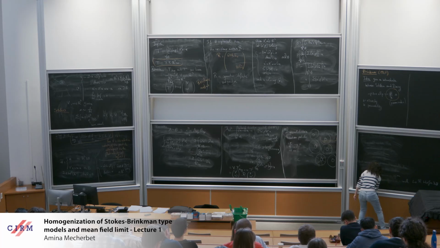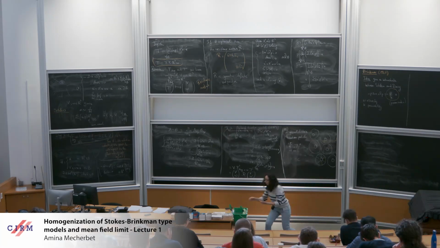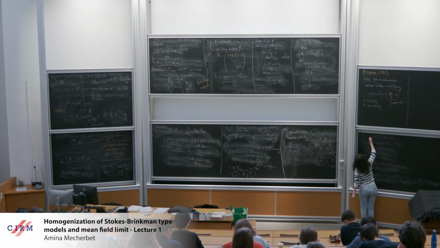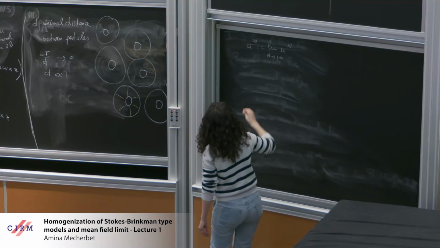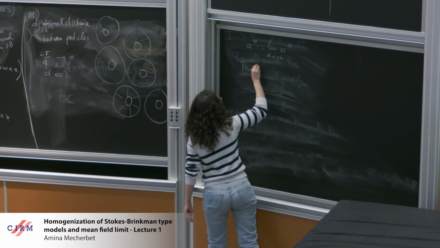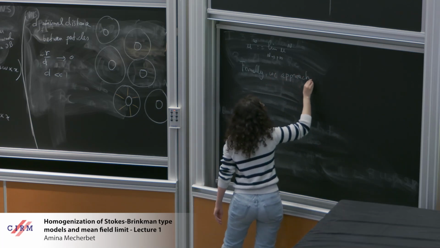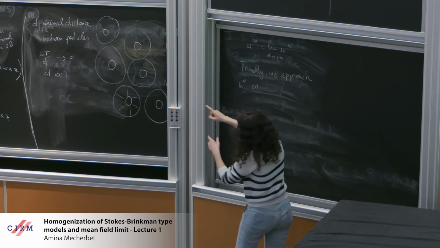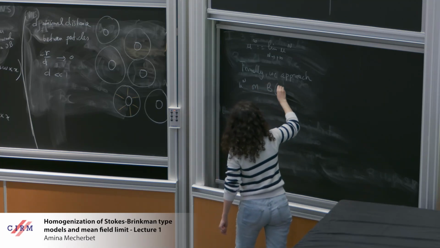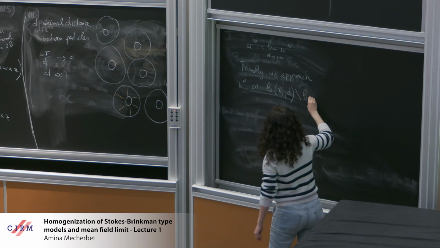So assume that you have a limit fluid. Let's say that UN admits a limit that we will call U infinity. Then formally, we will approach UN locally around each one of the particles, meaning on this annulus, so on the ball centered in xi with radius d minus the ith ball.